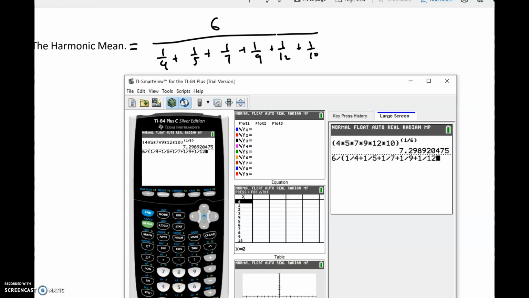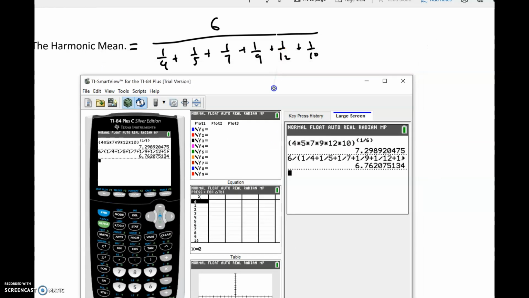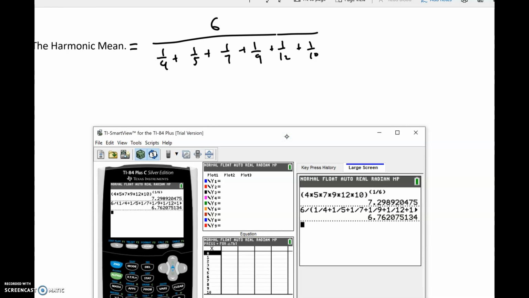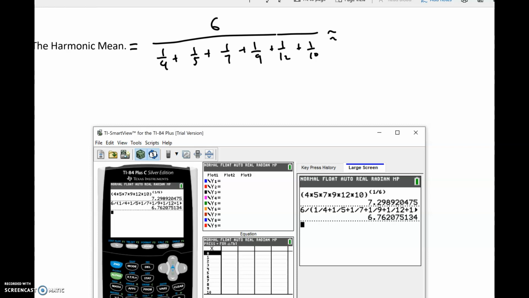So that would be a 12 plus 1 divided by technically 10. Close the parentheses and hit enter. I'm getting that this is approximately 6.7621.